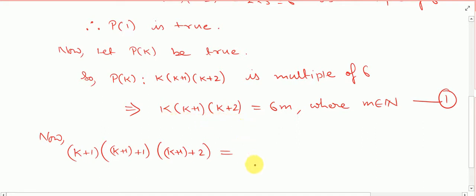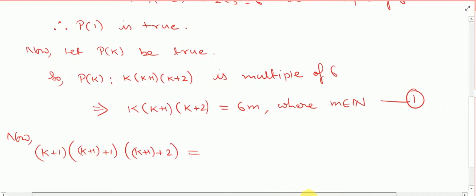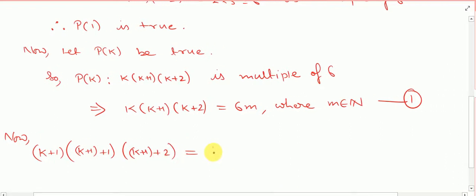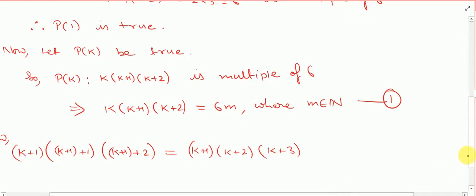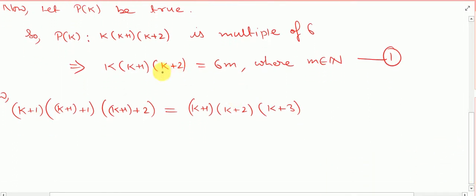Okay. So now what we'll do is k plus 1, see in this bracket we can write k plus 2, and for this bracket we can write k plus 3. Okay. Now I want to use this k plus 1 into k plus 2 is equal to 6m.